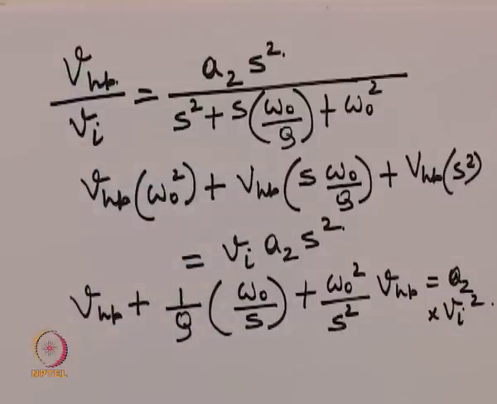A signal flow graph diagram is a diagram which shows the various voltages as they are processed. So, instead of trying to explain what a signal flow graph diagram is, let me draw it.